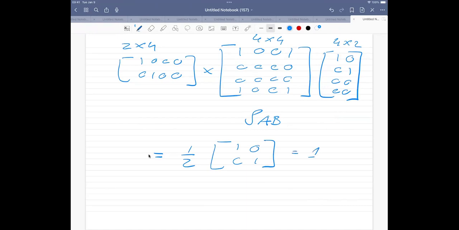And this is 1/2 1. Now, if I take the trace of this rho of A, which by the way is also equal to rho of B, if you do the algebra, so they are equal.